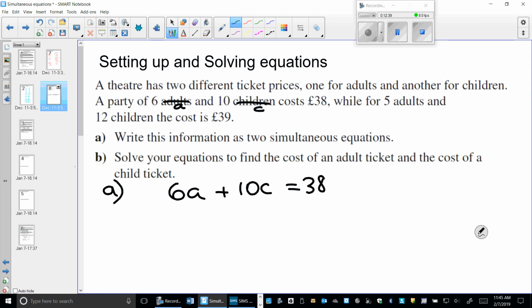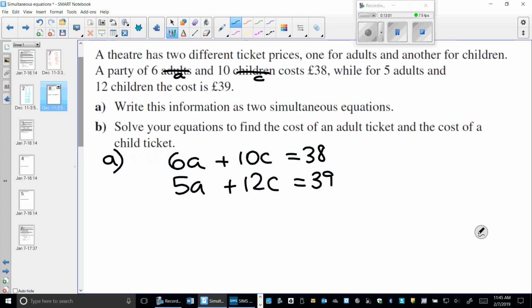That looks like a brilliant idea. So that's one of mine. Cassie, what would the other one be? Okay. Pretty straightforward, yes?